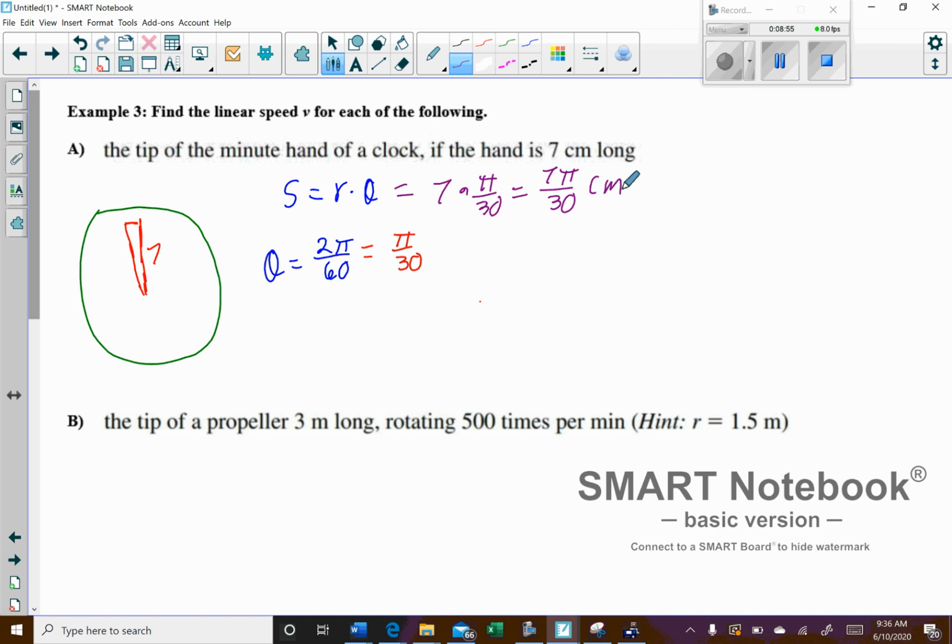That's how far you're traveling, right? And so our linear speed is going to be our arc length divided by time. So we're going to have 7 pi over 30, and then we're only going 1 minute, so that's our time right there. So it's kind of silly. So it's just going to be 7 pi over 30, and that's going to be centimeters per minute.